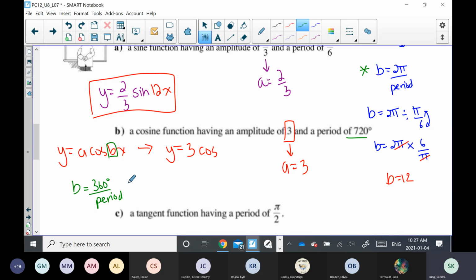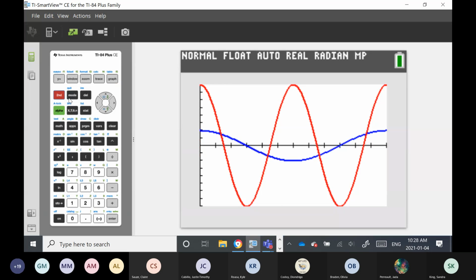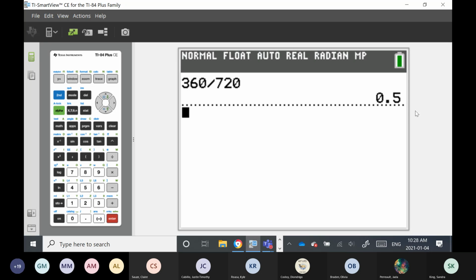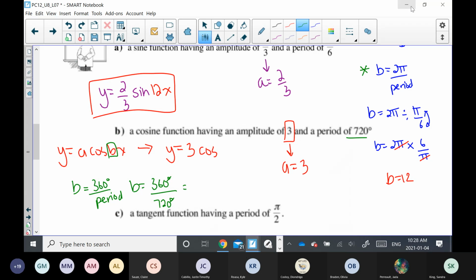That's how you get the B value. 360 degrees divided by the period of 720 is 1/2. And that is your equation.